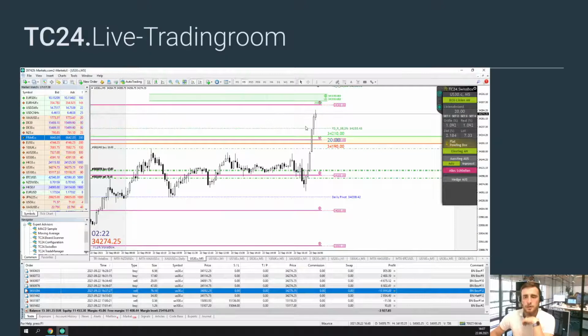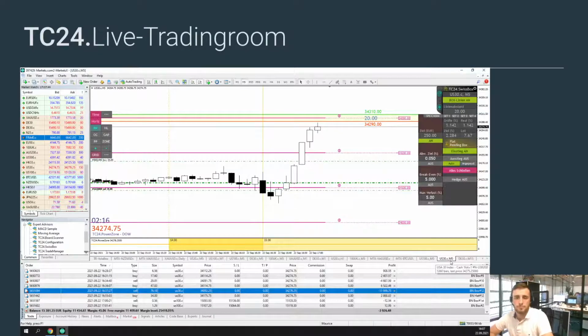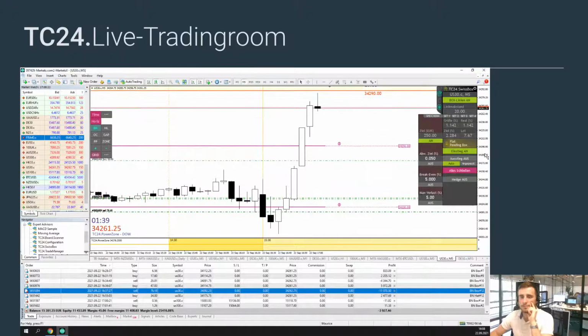Almost entry into our box. And didn't quite make it there, unfortunately.